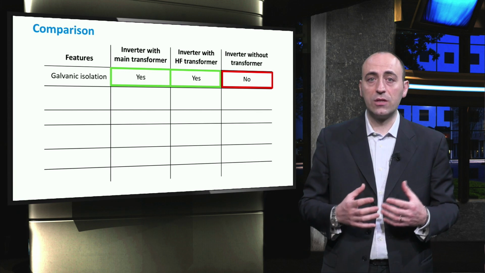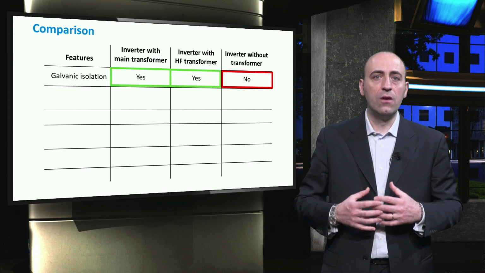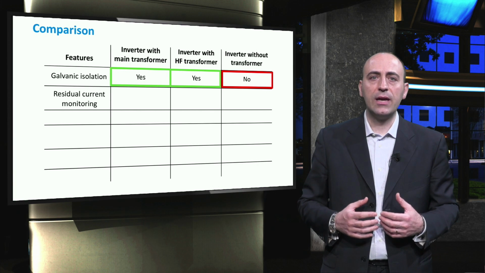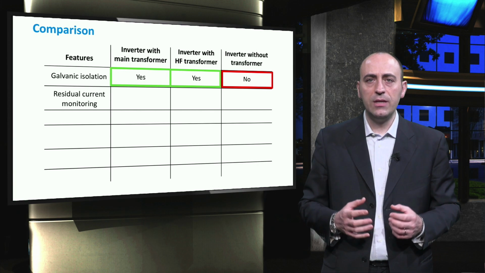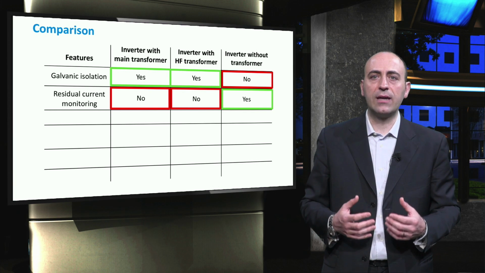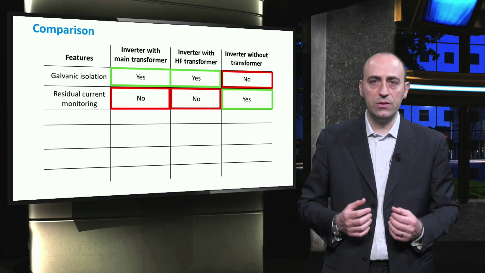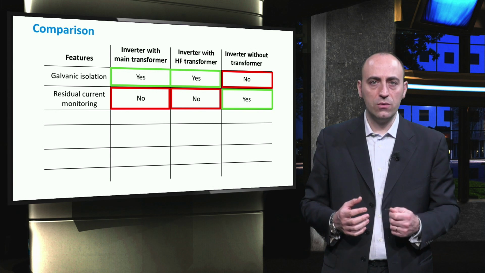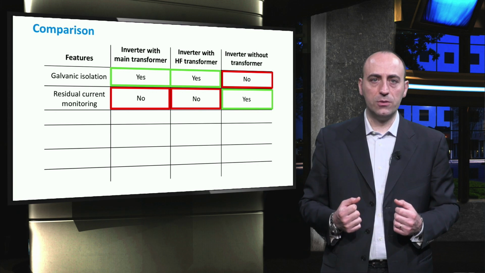The inverter of the transformerless type clearly does not feature galvanic isolation. Residual current monitoring, as we have seen previously in this video, is present only in the transformerless inverter, and it is useful to detect the presence of any undesired residual current flowing inside the device. If the transformer is used, monitoring cannot be performed.